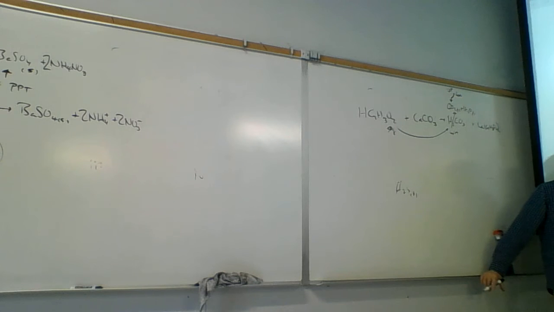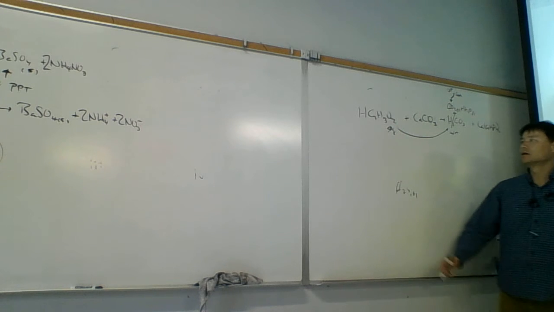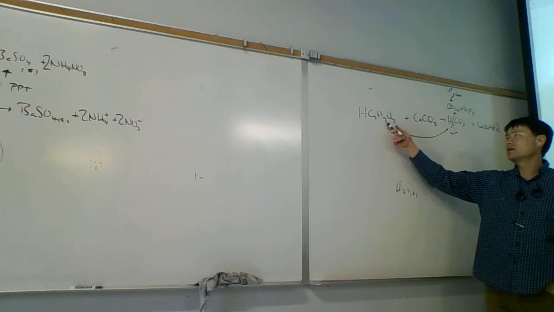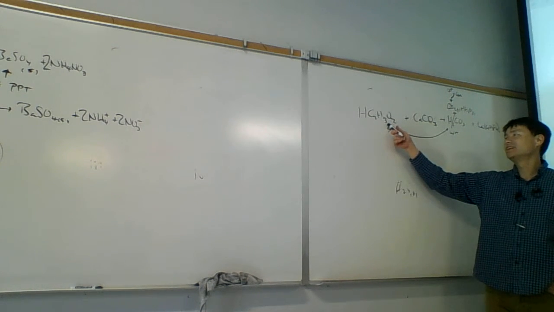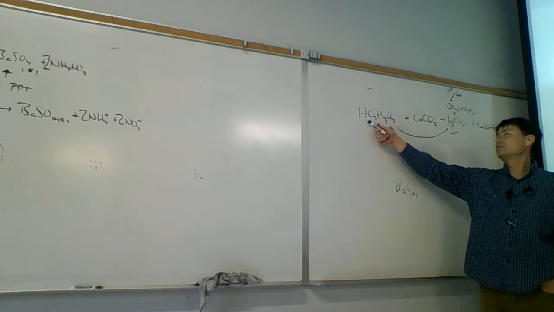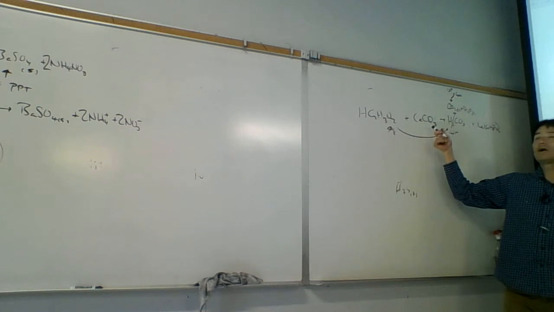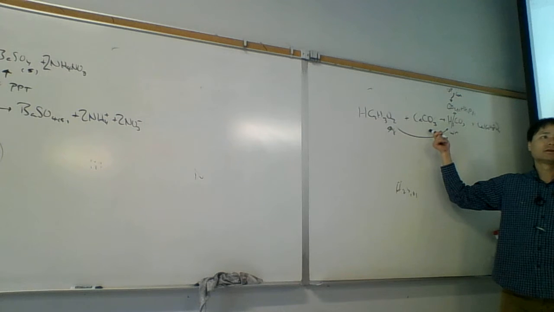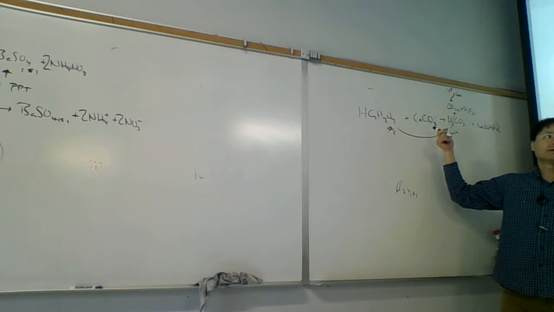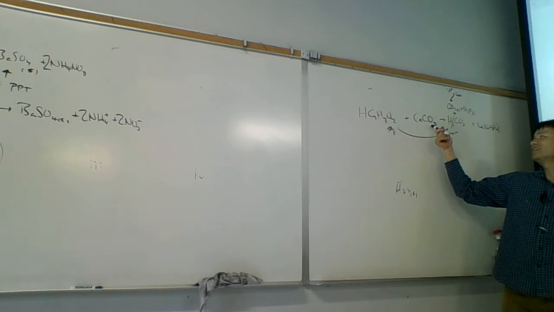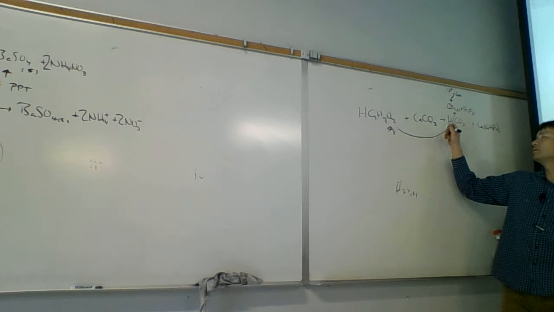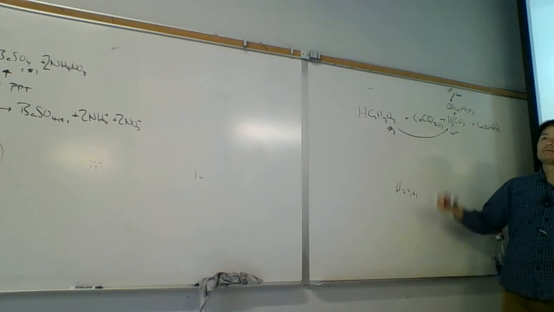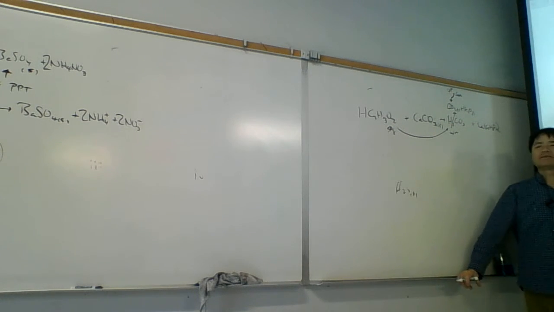Now there is something kind of different about this particular reaction. Acetic acid, is that soluble or insoluble? Soluble, group 1, so it's aqueous. Calcium carbonate, is that soluble or insoluble? It's insoluble. Carbonates are all insoluble except for group 1 and ammonium, so this is a solid. So we have the reverse.